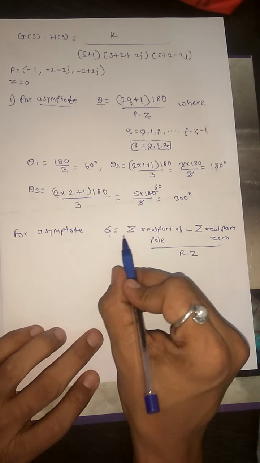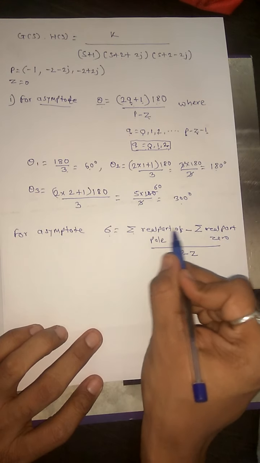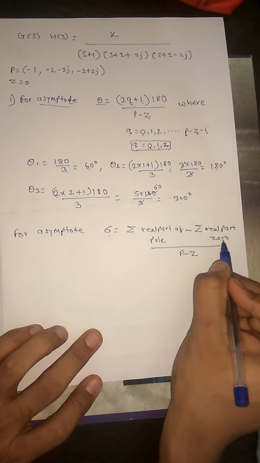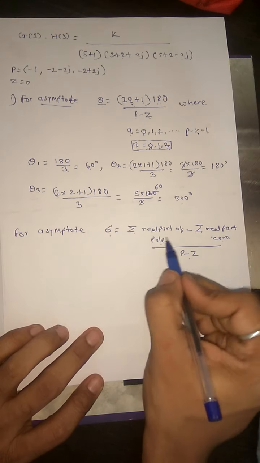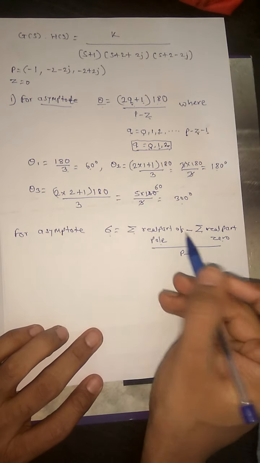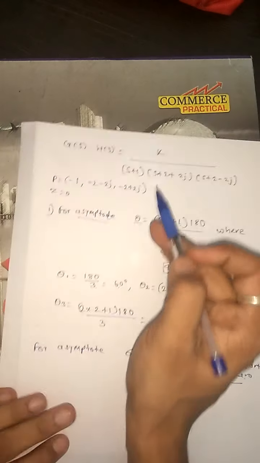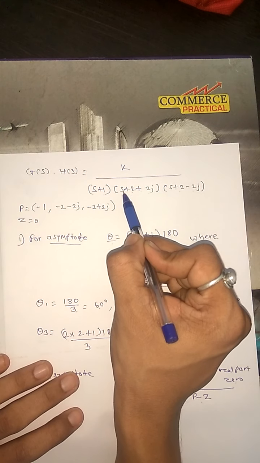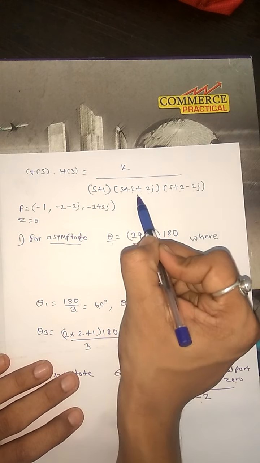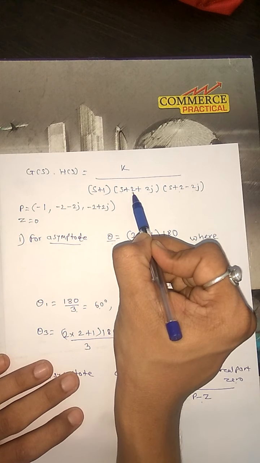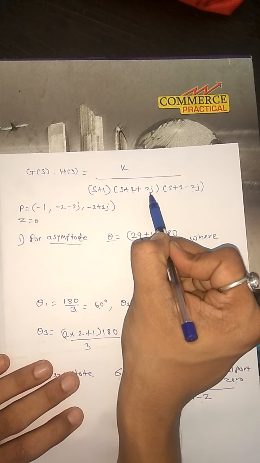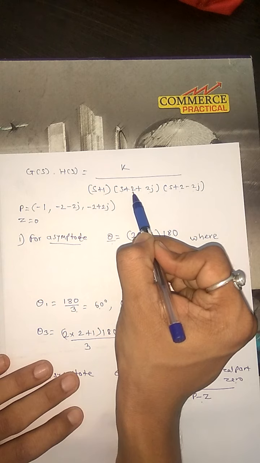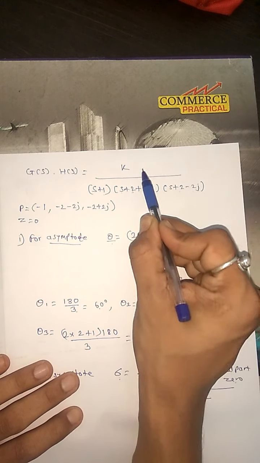Sigma is equal to the summation of real part of poles minus the summation of real part of zeros divided by p minus z. Then what is meant by real part and imaginary part? Suppose we have this pole s plus 2 plus 2j. In this, 2 is real and 2j is imaginary. So we have to consider only the real part, whether it is a pole or a zero.